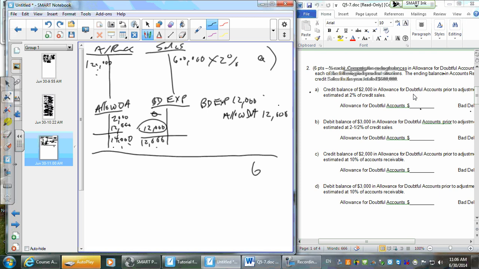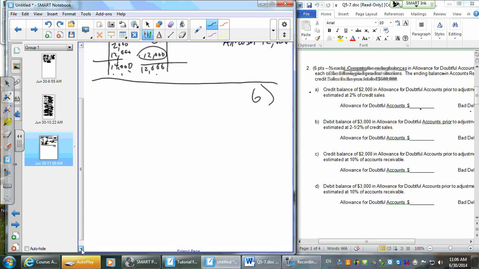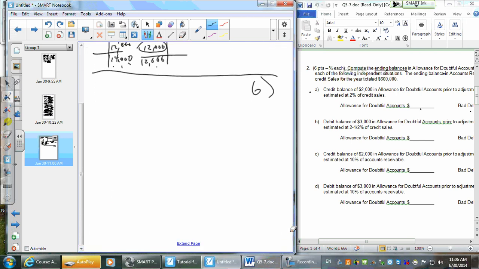What happens if it's B? What do we do in B here, you guys? It says debit balance of 3,000, and I want 2.5% of credit sales. Oh, so it's a little bit different estimate, isn't it? But what are we going to do? I've got accounts receivable.